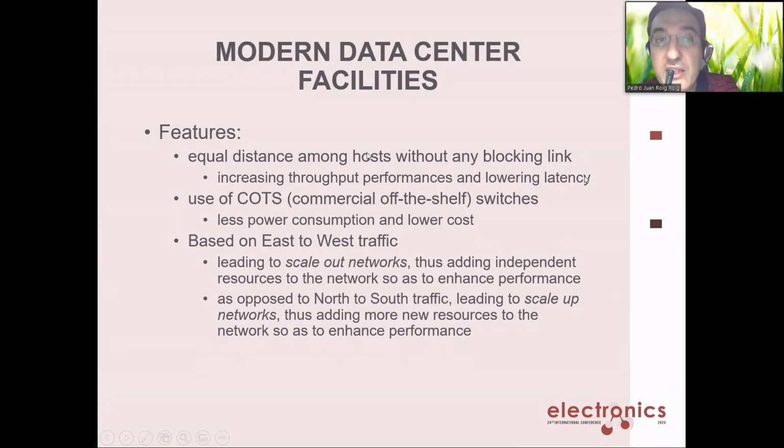And we also need the topology to be based on east-west traffic, leading to scale-out networks, thus adding independent resources to the network so as to enhance performance, as opposed to north-south traffic, leading to scale-up networks, thus adding new resources to the network so as to enhance performance.